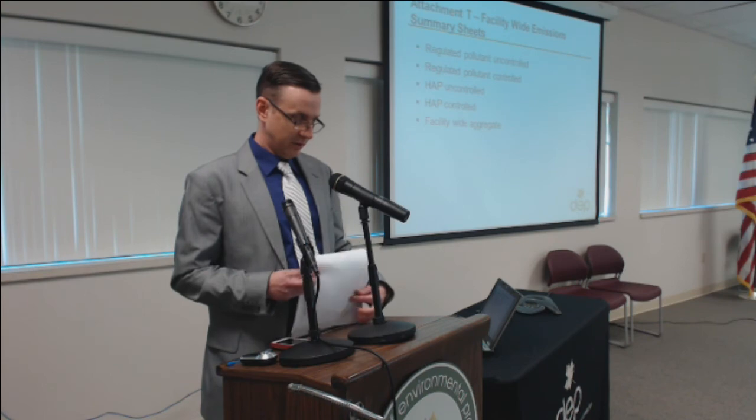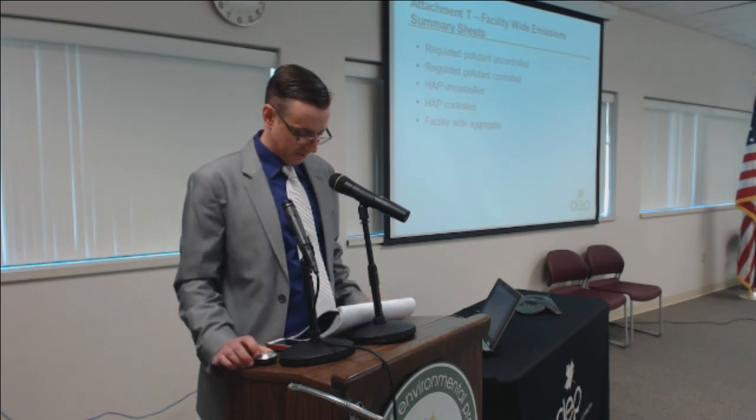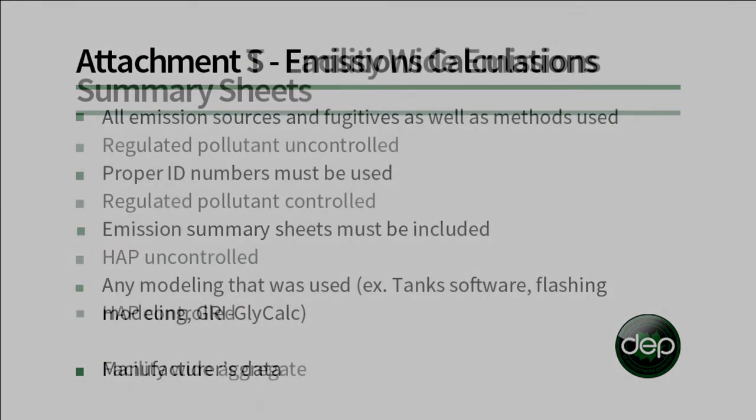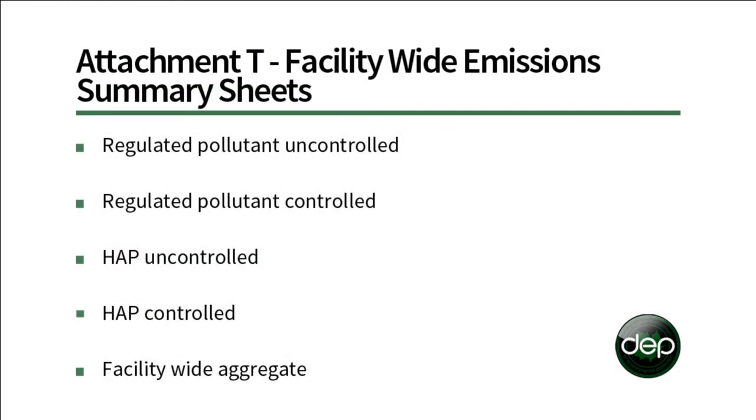Now for the facility-wide emission summary sheets, we have 5 different forms that we ask that you complete. I did not provide a copy of all 5 on the spreadsheet or on the PowerPoint, but they are in your application package. We're asking for regulated pollutant, controlled and uncontrolled, HAPs, controlled and uncontrolled, and a facility-wide aggregate.